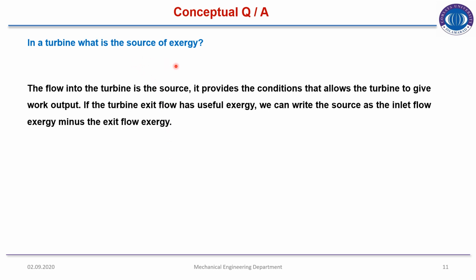Let's suppose a fluid with 100 joules of energy enters the turbine, and 60 joules of energy is at the exit. The difference, 100 minus 60, will equal the amount of work done or useful energy.